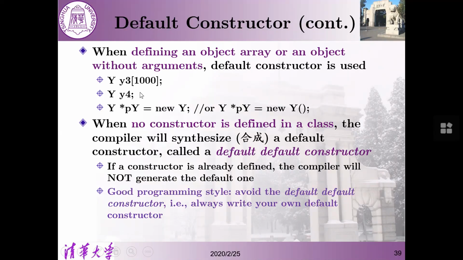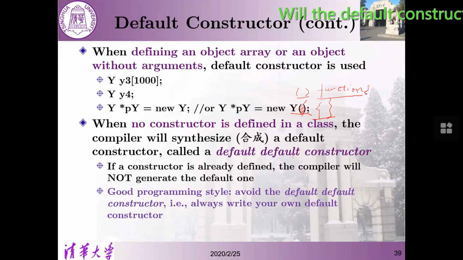If you define an object without parameters, actually, for this one, it should be like this, right? In CPP 17, you should use this grammar, not this, okay? Because in this grammar, the parentheses may conflict with functions.